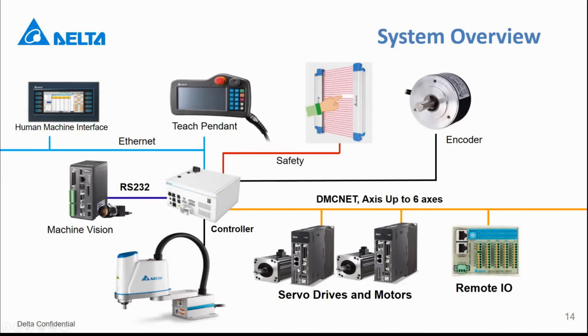That means you can control 6 different drives. And also we can connect to a remote I/O. If the digital input output in the controller is not enough for you, you can use DMC-NAT to extend your digital input output with the remote I/O module. So this is our system overview of the robot.